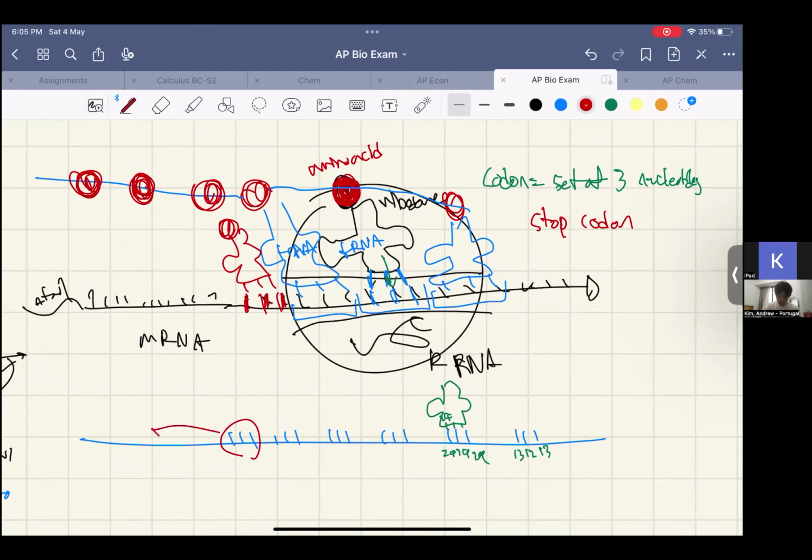Stop. Nobody wants to be matched to guys, okay? So don't bring any more guys. There will be that stop codon. And once that stop codon is connected to tRNA, no more tRNA will be bringing amino acids, okay? So that is where the production of protein will end, okay? So that's pretty much it.